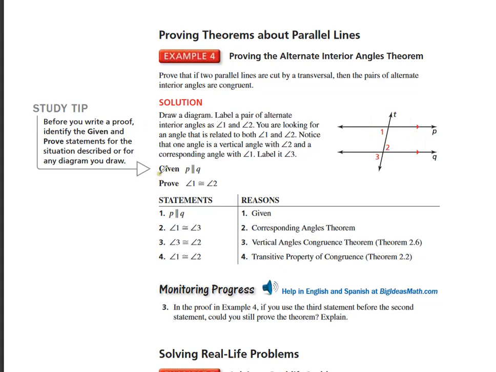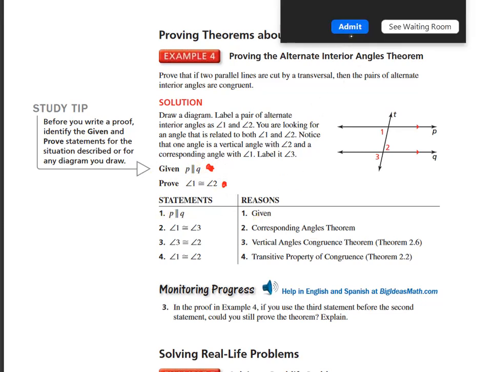So if the given of a proof is what you assume is true, and the proof is the thing that you have to prove, this statement over here always goes first, and this one always goes last. So the lines are parallel. The reason we know is because we were given that. We said it's got to be.